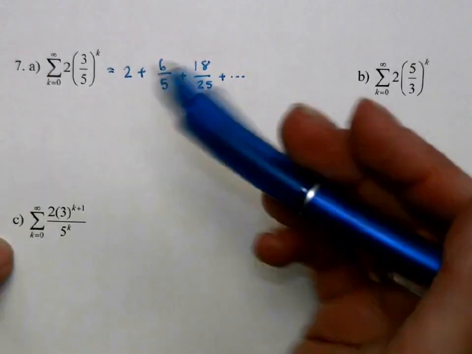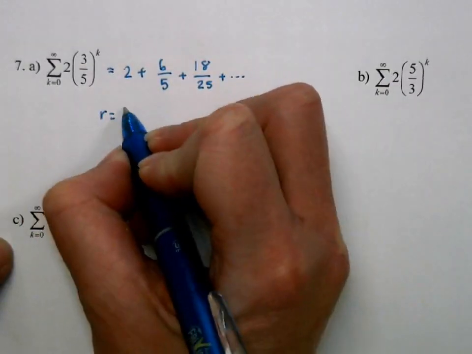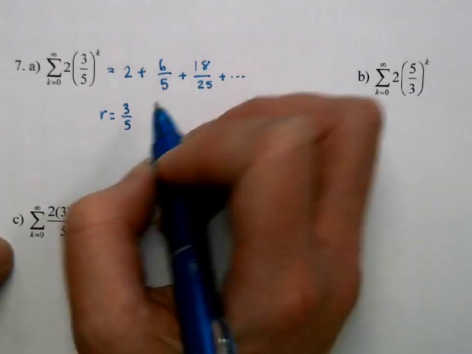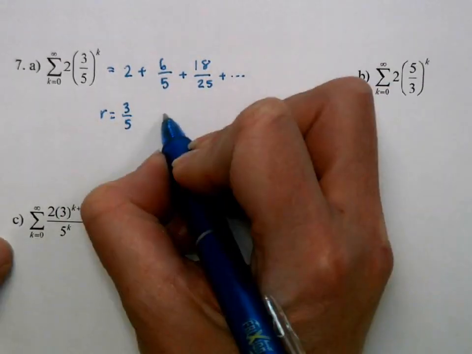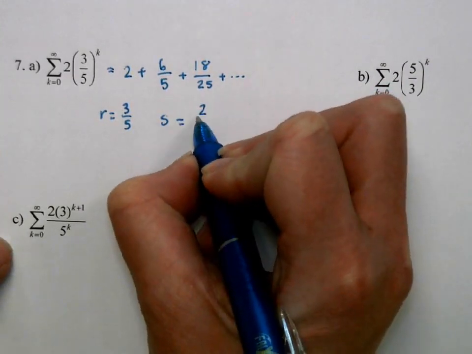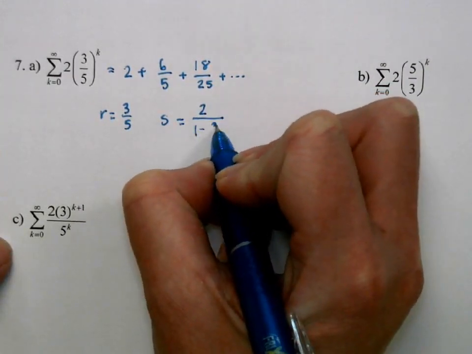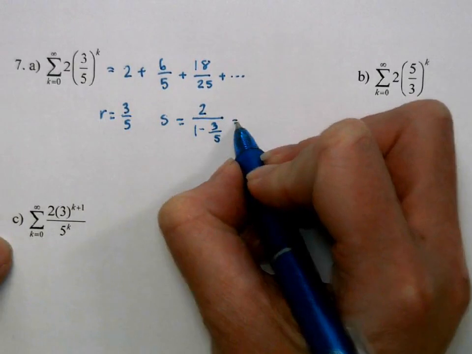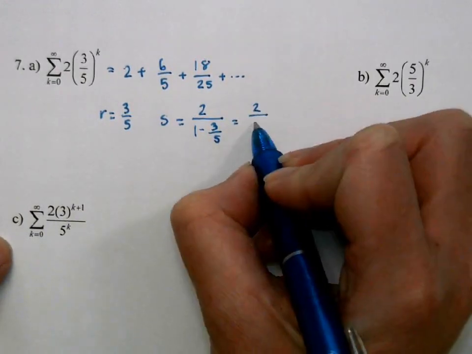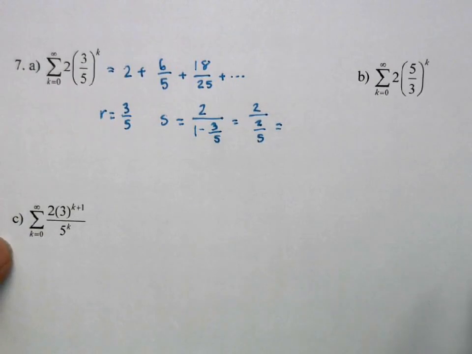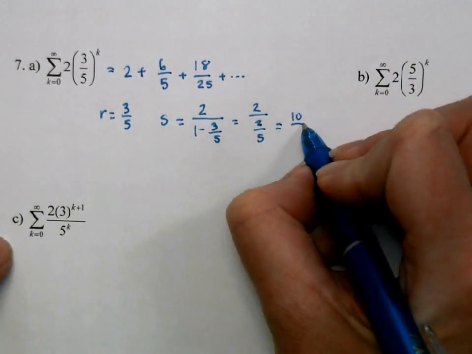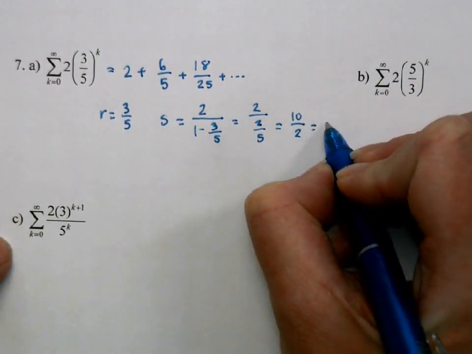My common ratio is 3/5, which is less than 1, so we can find the sum. So we'll have a1, which is 2, over 1 minus 3/5. We'll go ahead and simplify this down a little bit. So we get 2 over 2/5, which is the same as 10 halves, which is 5.